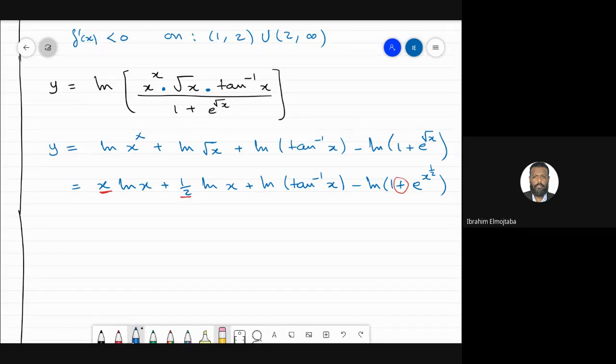But this is how we do it. الآن we can differentiate.